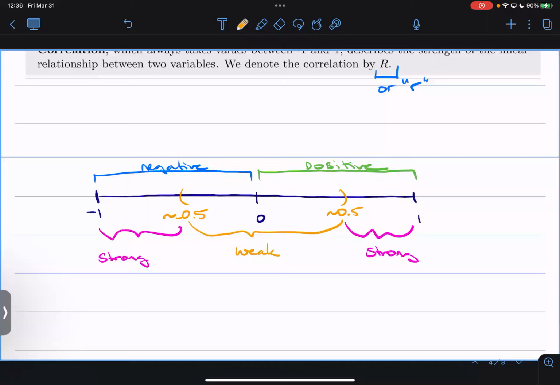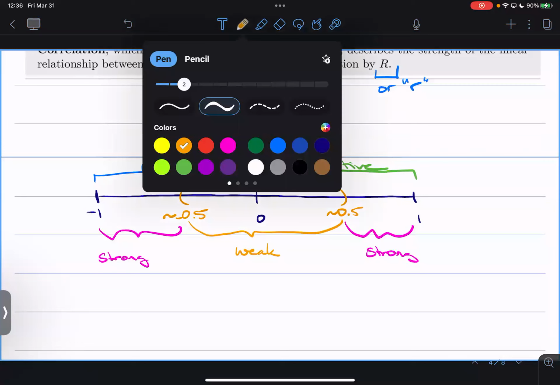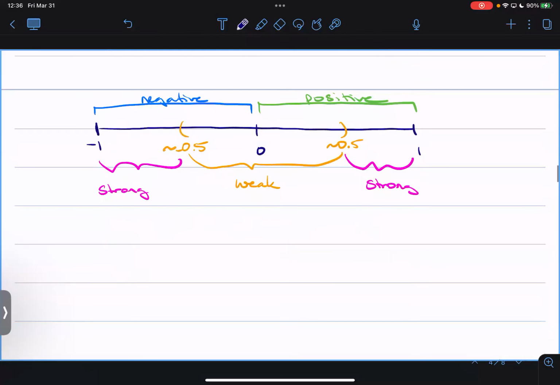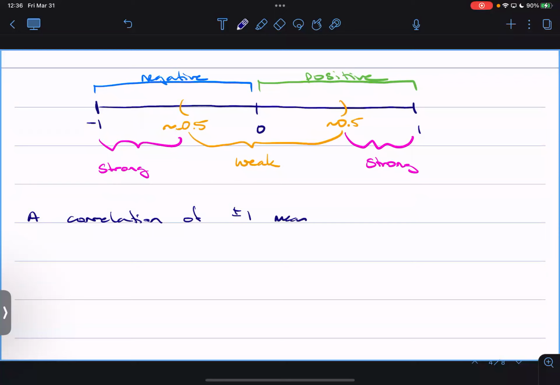And then anything beyond that, strong, moderately strong, that kind of thing. Okay. And so a correlation of ±1 means all the points are on the same line.